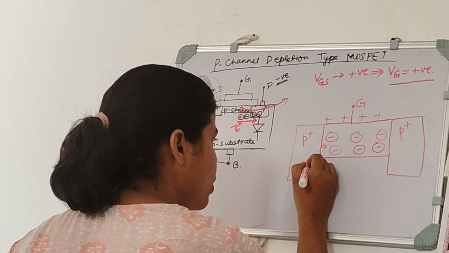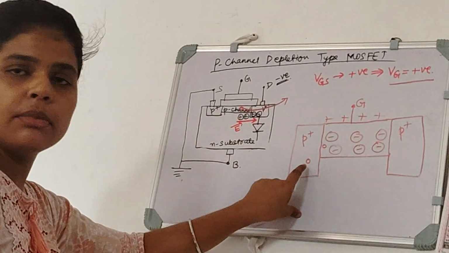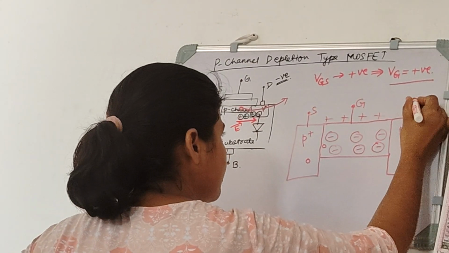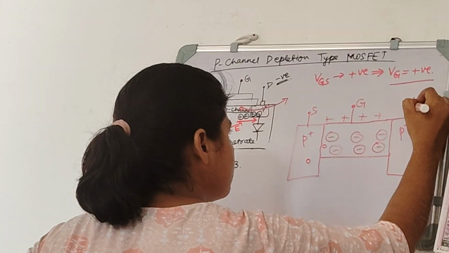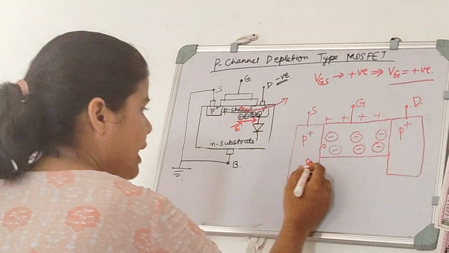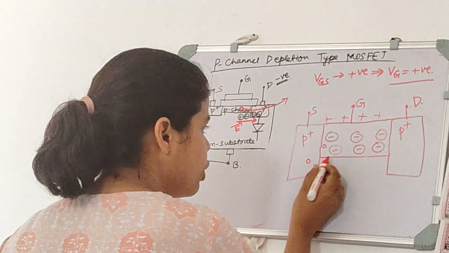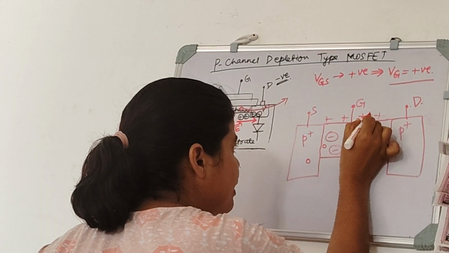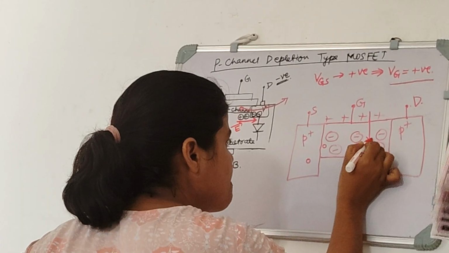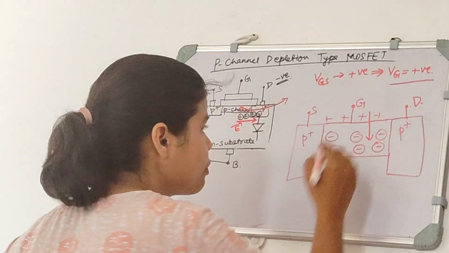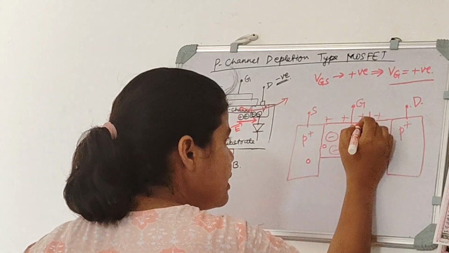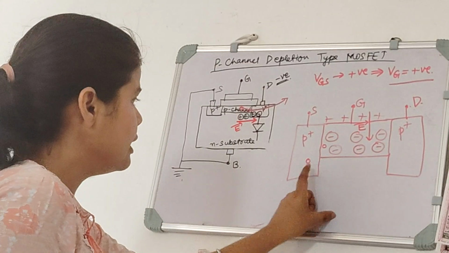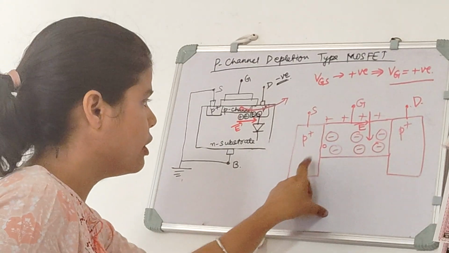If a hole tries to move from source to drain side, this is source and this is drain, it won't be able to. Why won't this hole be able to go towards the drain side? Because there will be a strong electric field here from positive to negative side. Positive voltage, negative ions will create a strong electric field, and due to this electric field, these holes won't be able to move from here to here.